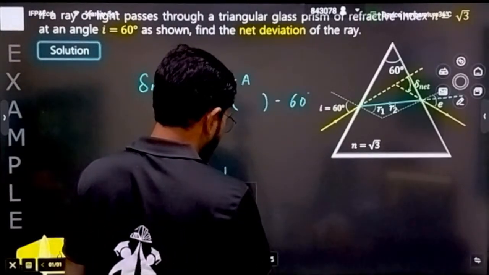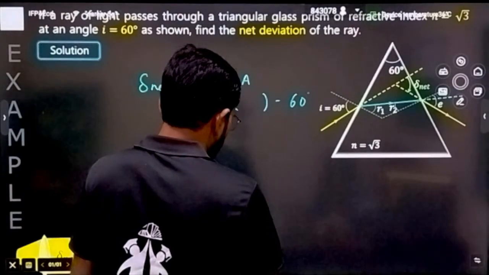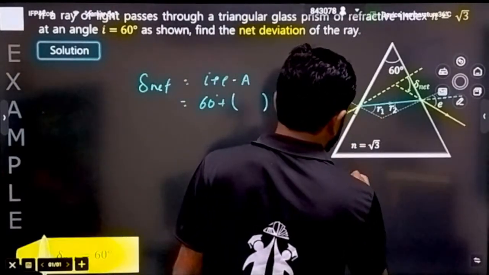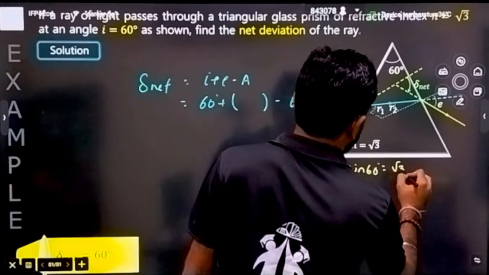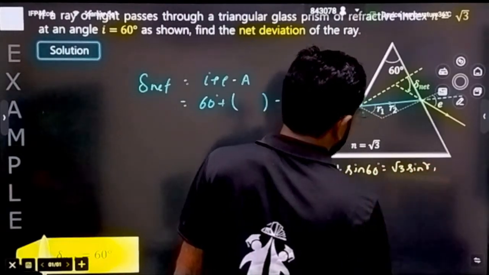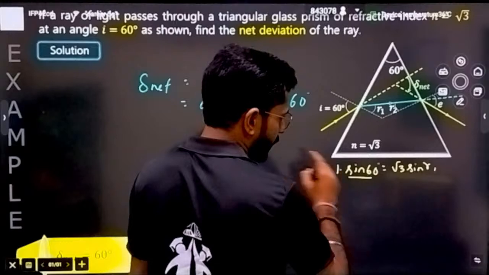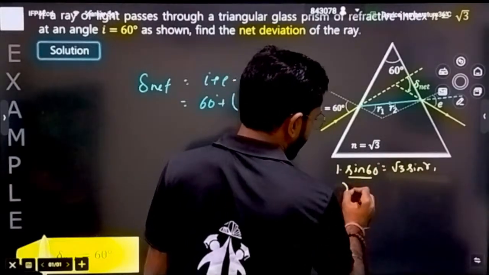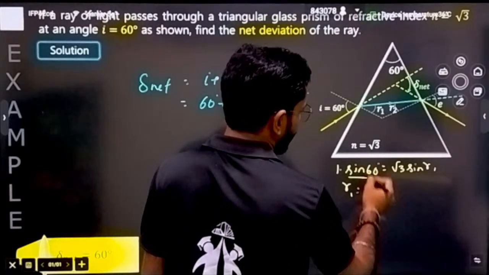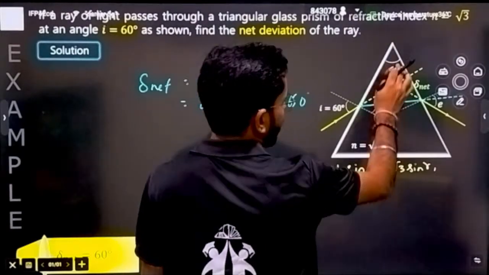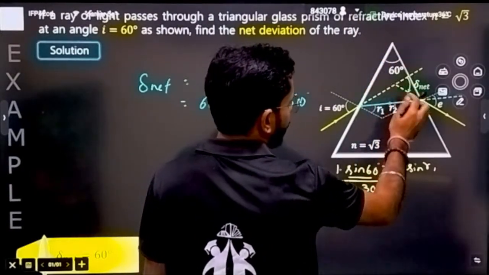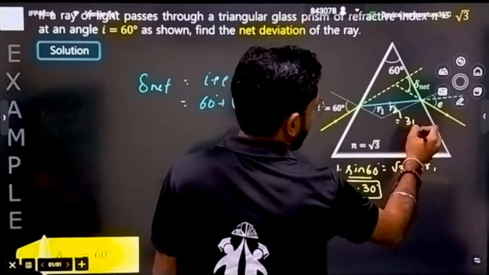Right, 1 into sine of 60 is equal to root 3 into sine of R1. From here it becomes root 3 by 2, root 3 cancels, and sine R1 is equal to 1 by 2. That means R1 is equal to 30 degrees. If R1 is 30 degrees and the angle of prism is 60, that means R2 is also equal to 30 degrees.